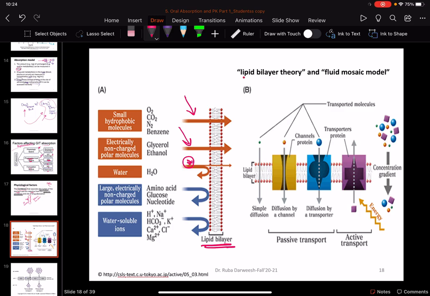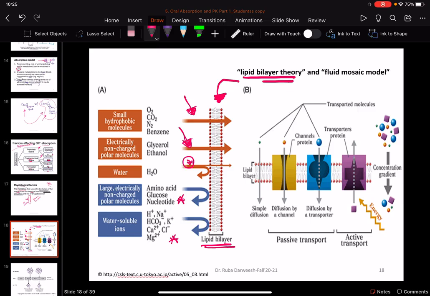So that's why, according to the lipid bilayer theory, which says that the membrane consists of a lipid bilayer, we can explain how the lipophilic or small material can go through the bilayer, but ionized or large, electrically charged or non-charged, if it's large in size, they can't pass.